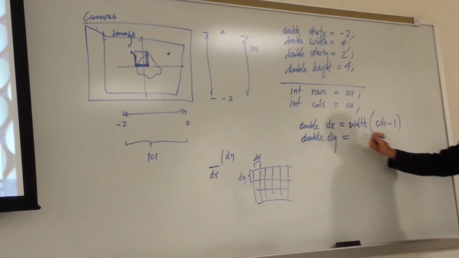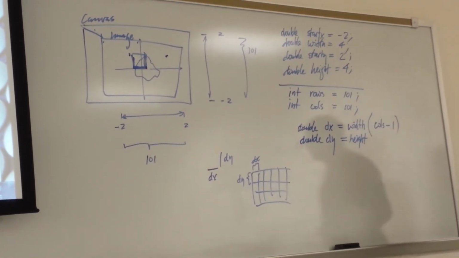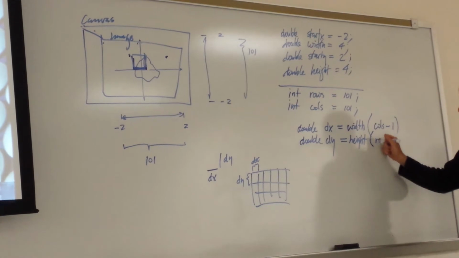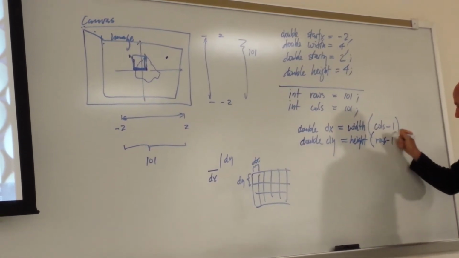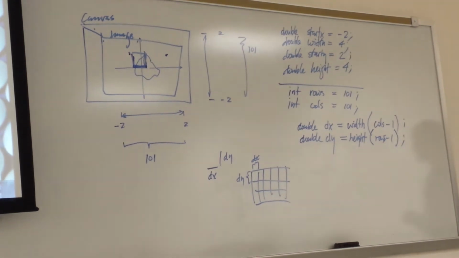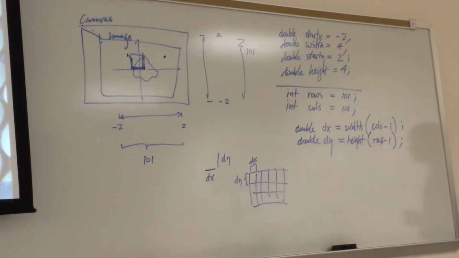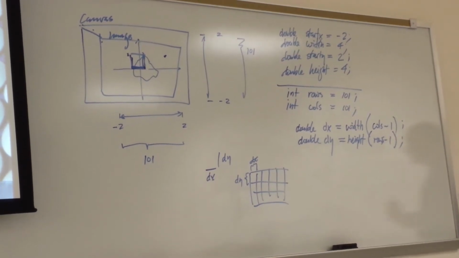And then in height, it's the same way. The height of the region of the complex plane that I'm looking at, divided by rows minus 1. Okay, so now I can translate back and forth between pixels in my image and complex numbers in the complex plane, because I've got all the parameters I need.